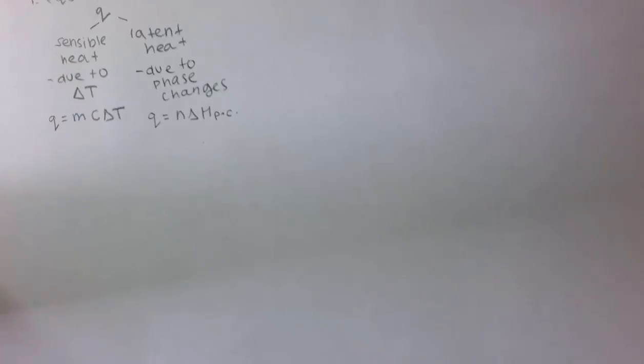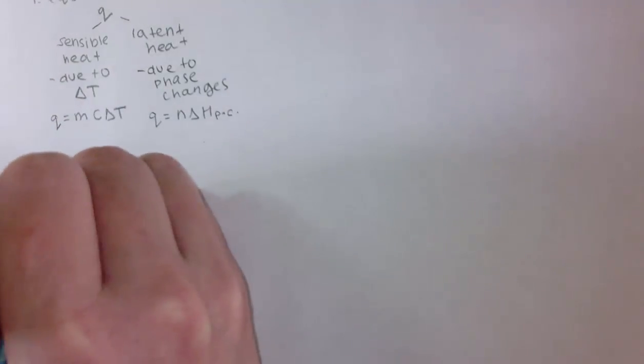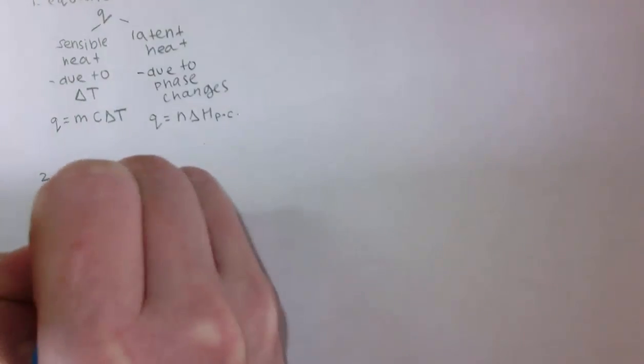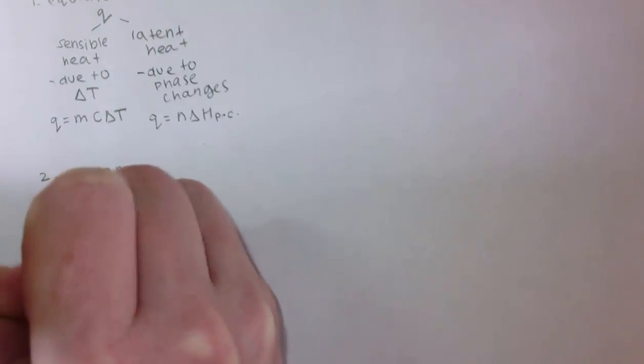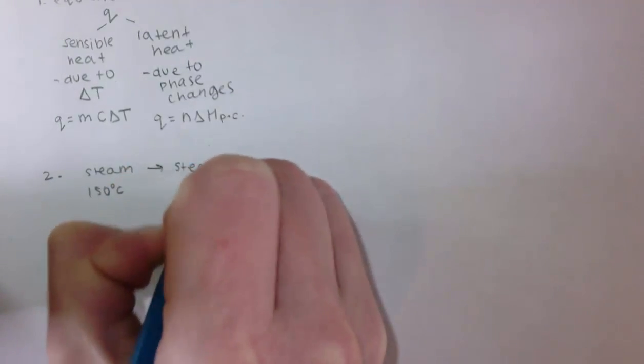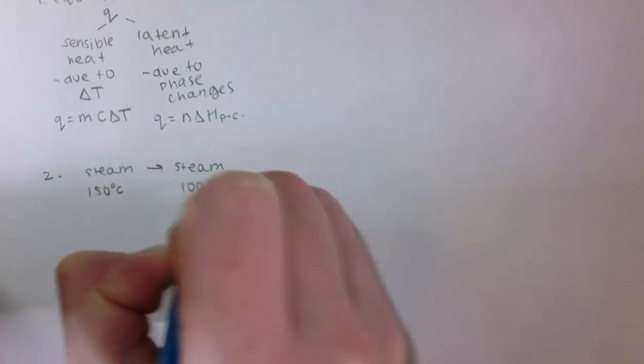So now that we have that, I'm going to describe the process and what's happening in this case. So we start with steam at 150 degrees Celsius. And as we cool, we're eventually going to have steam at 100 degrees Celsius. And once this occurs, as we cool further, we're going to start converting into a liquid phase.